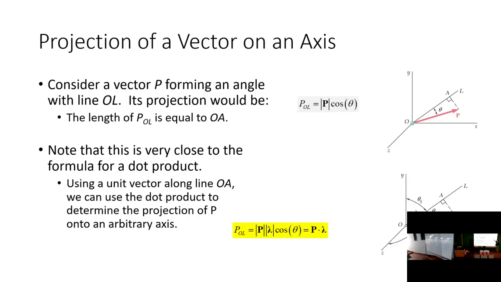So if you have some arbitrary vector out in space and you want to project it onto some line, well, that magnitude is just this vector times the cosine of that angle. And by now you know that the dot product is very intrinsically linked to the cosine of the angle formed between those two vectors. So basically all you're doing is dotting this vector with a unit vector for the axis in question. There you go.